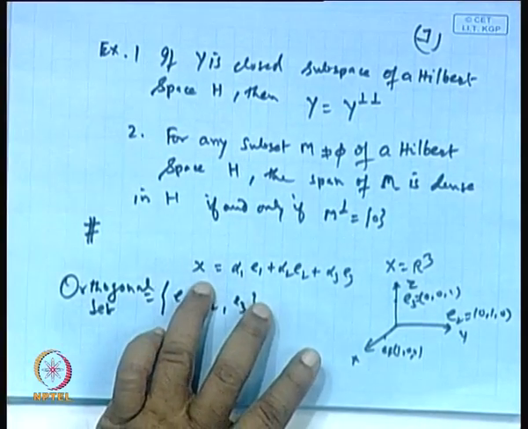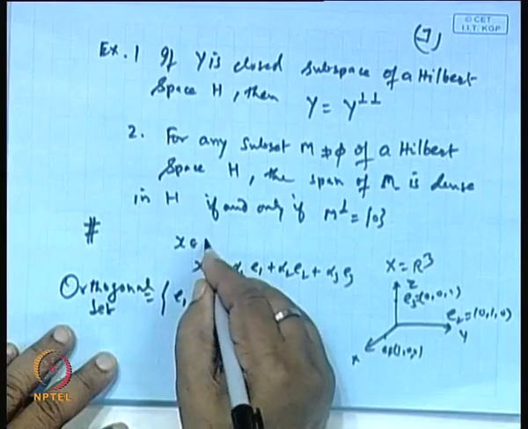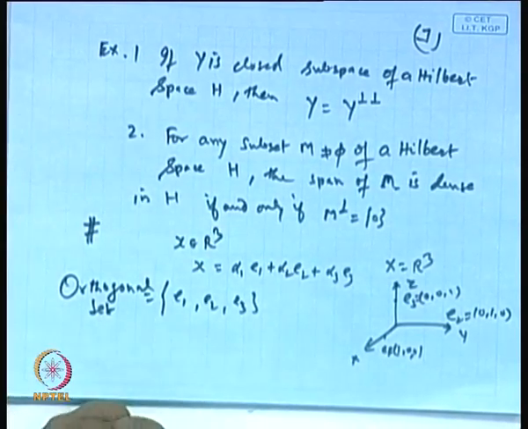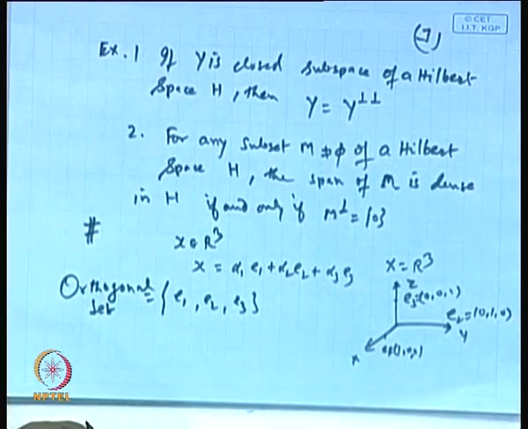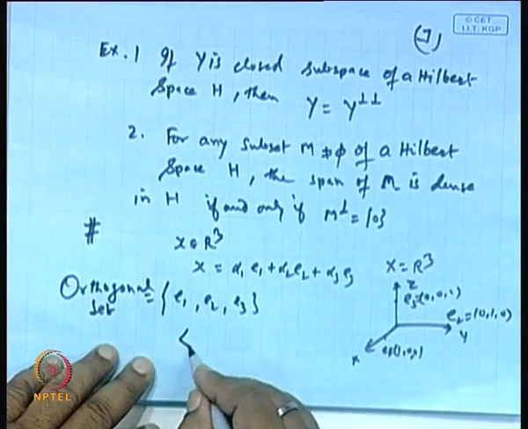So, any element x belongs to R 3 can be expressed in terms of the basis elements. Now, here this basis has a peculiar property, they are at right angle to each other, but it is not always true that all the basis elements must be orthogonal to each other. But because it has the orthogonality property, the advantage is, if we are interested in finding the constants alpha 1, alpha 2, alpha 3, then just take the inner product.